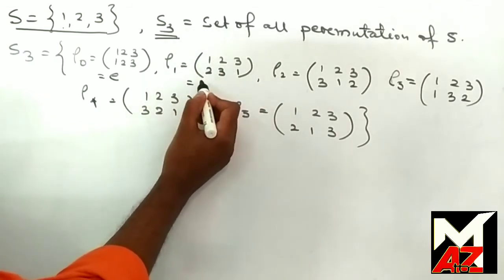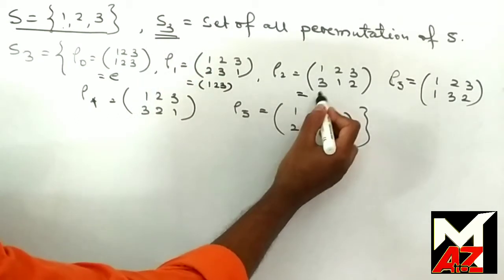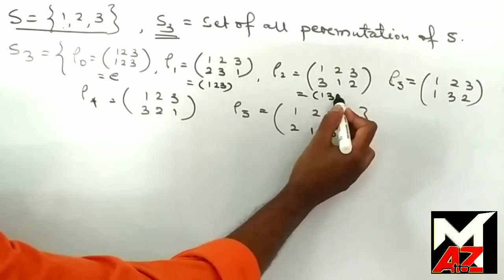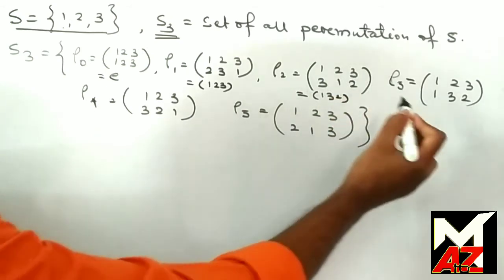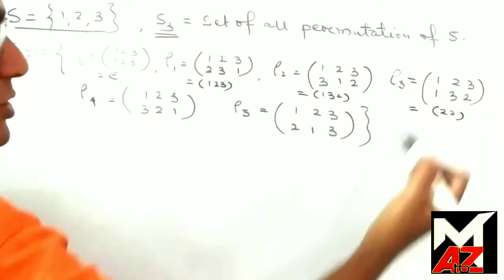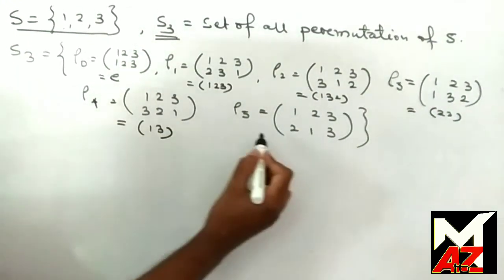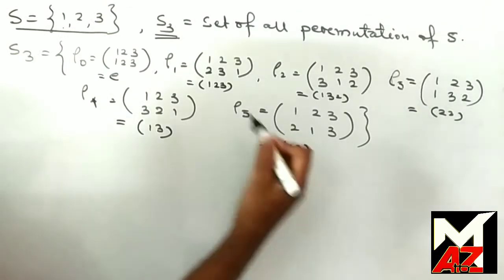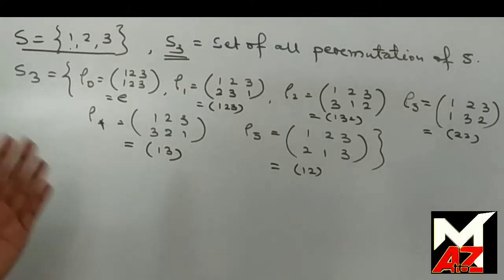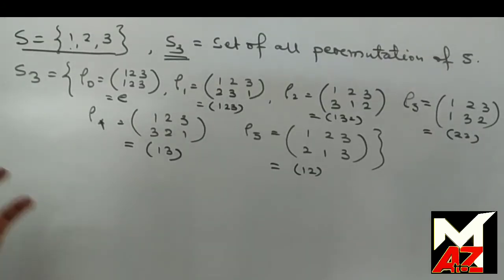This is the cycle 1, 2, 3. And this is the cycle 1, 3, 2. And this is the cycle 2, 3, because 1 is fixed, and this is 1, 3, and this is 1, 2. We construct the composition table on S3 with the usual composition of mapping.